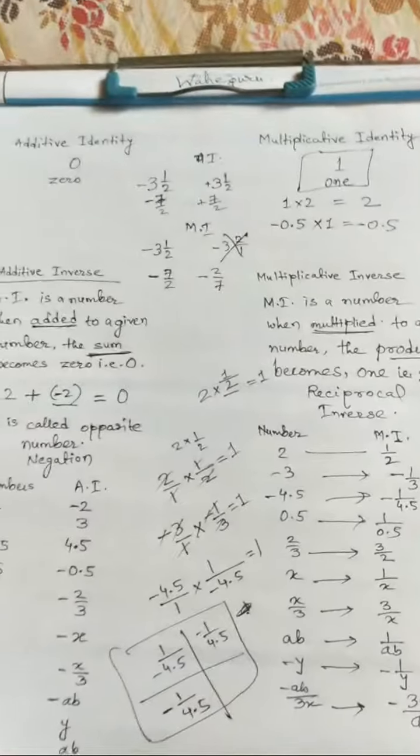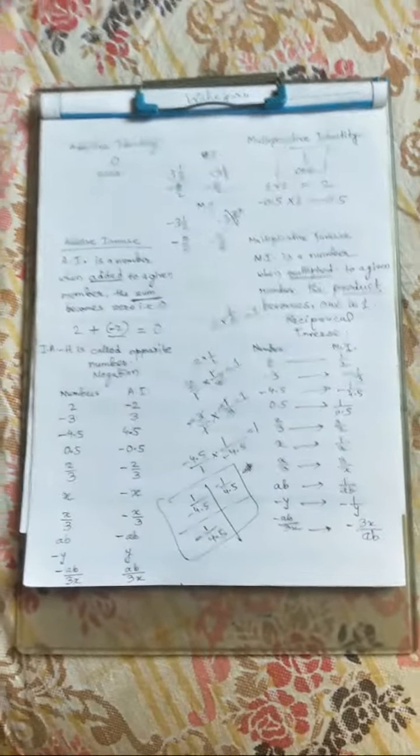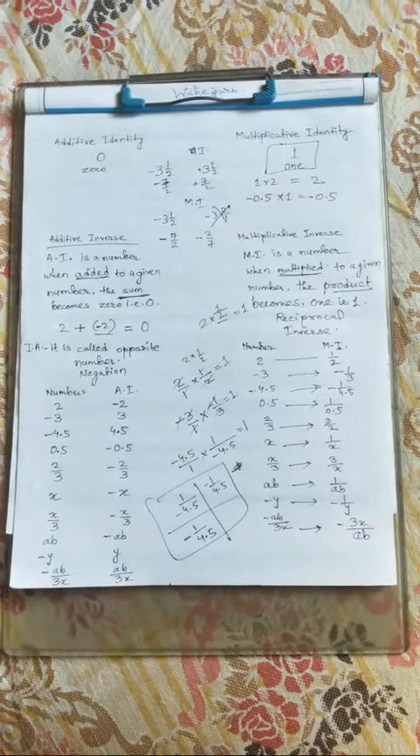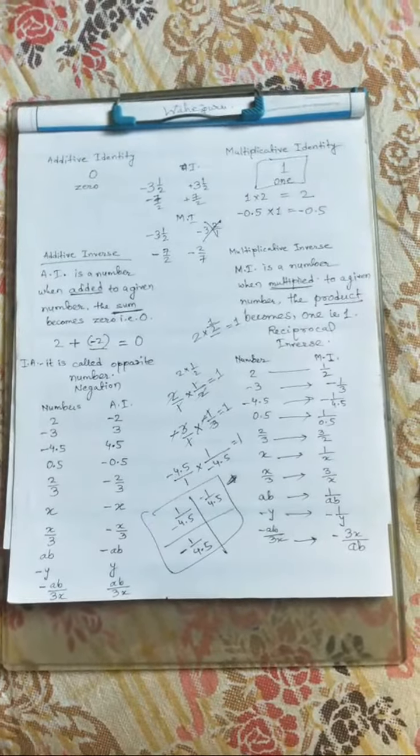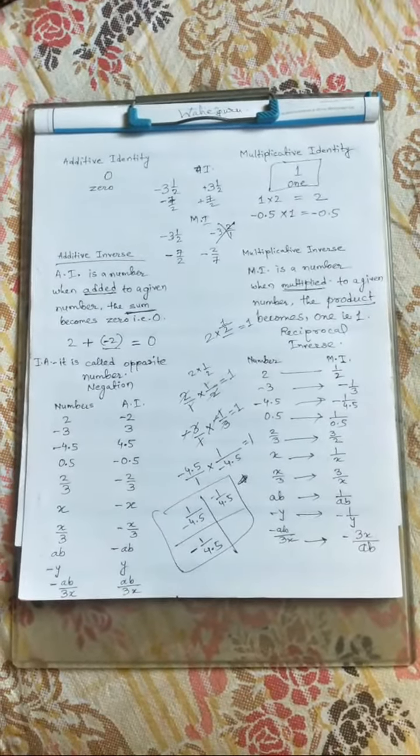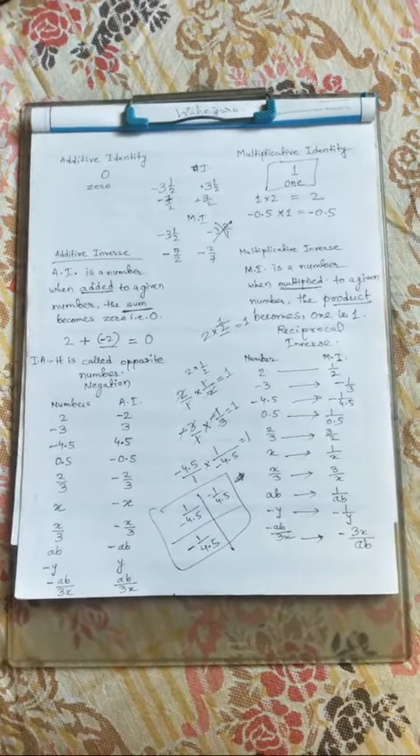So this is all about these basic concepts of maths. Hope you have understood it very well, and these things are applied in almost every example of maths where these basic operations need to be carried out.